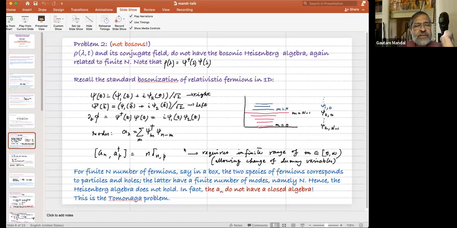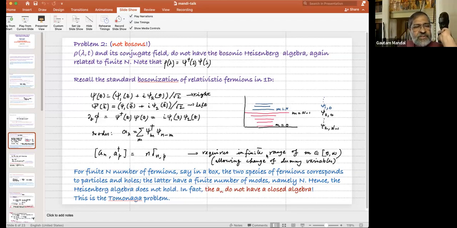And for n equal to p, there are some finite number of terms that remain, which become C numbers by the constraint that the total charge of the system is constant, and that just becomes a C number.